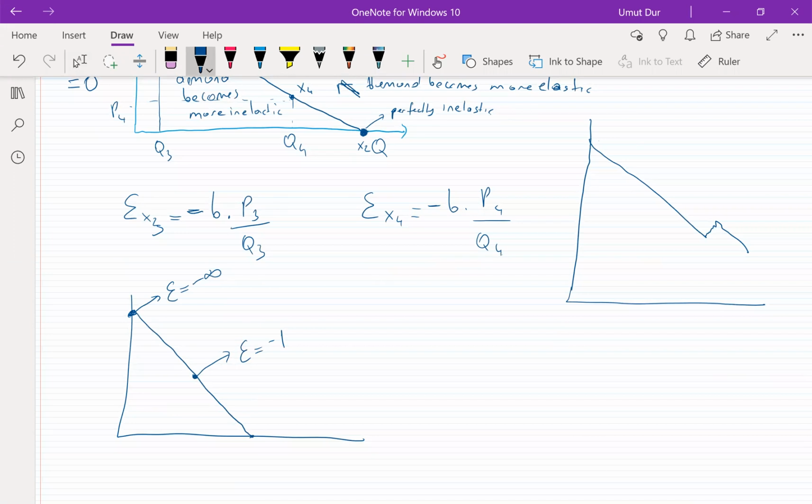At this point, the demand elasticity is 0, and this portion of the demand is the inelastic part, and this portion is the elastic part.